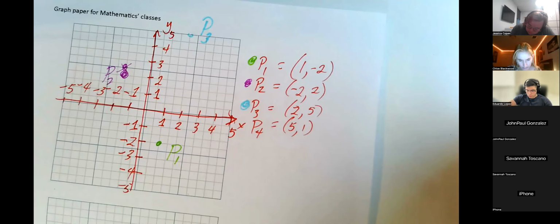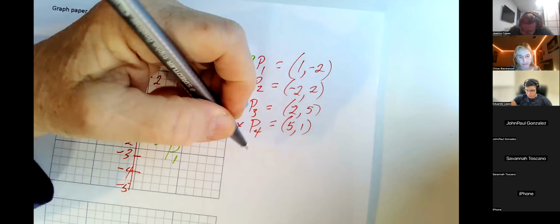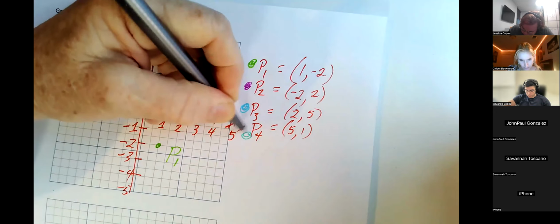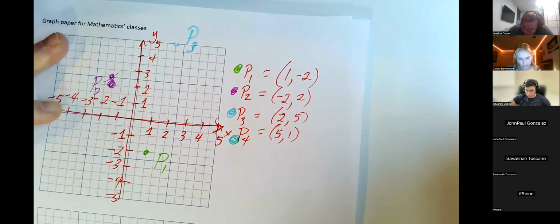Okay, and then point, no, not that color. For point 4, let's make this not this color. I want blue, blue, blue, blue. Or how about a different green? Is that different enough? No, it's not.